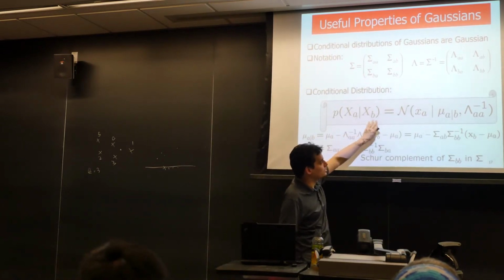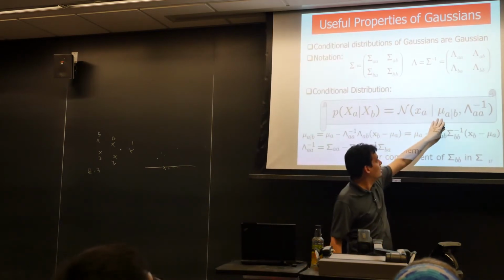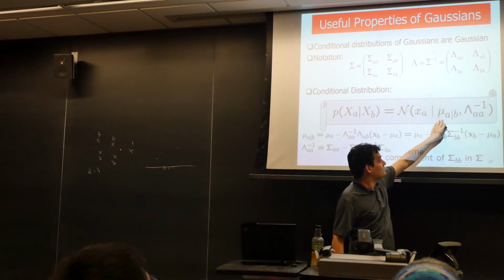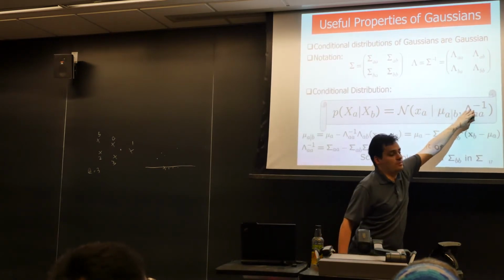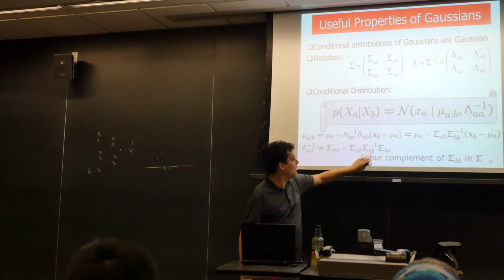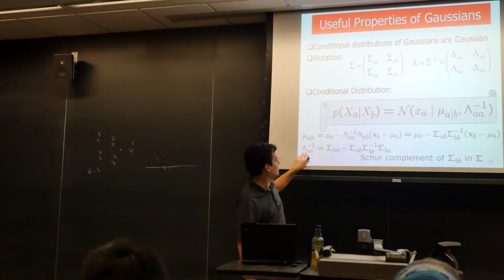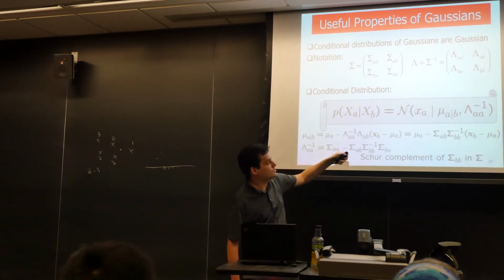Now the calculations get a bit messy, because this conditional Gaussian distribution will have a mean parameter denoted with mu a|b and the covariance matrix denoted with lambda aa inverse, where the formula for mu a|b is given by this formula and for lambda it's given by this formula, where lambda is just the inverse of the covariance matrix.